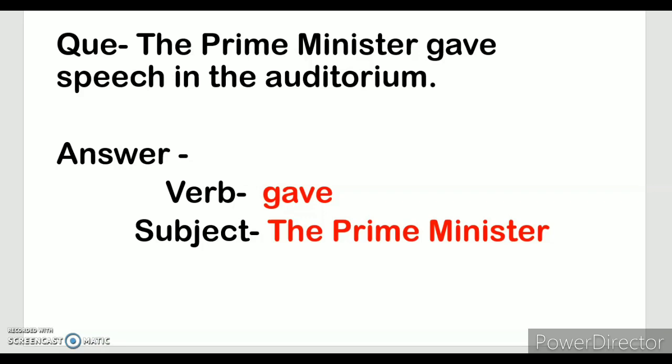So the first step is to identify the verb. Here the verb is gave. Then identify the subject, who is the one who is doing the action of giving the speech. So it is the Prime Minister. Therefore, the Prime Minister will be the subject.